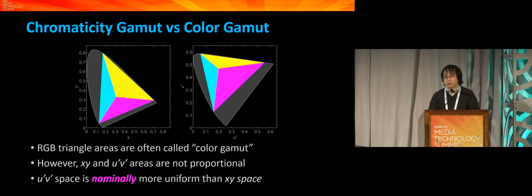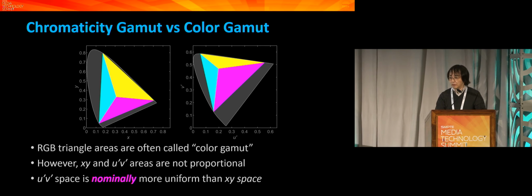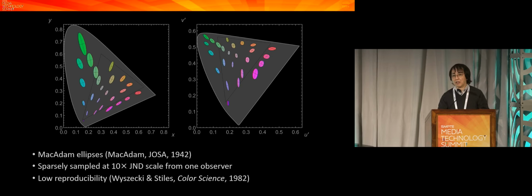This shows the RGB triangles in xy and u prime v prime chromaticity diagrams, and these areas are often called color gamut. However, the xy and u prime v prime areas are not proportional, and many people believe that the u prime v prime space is more uniform than the xy space, because of MacAdam ellipses. You can see that in the xy diagram, there is a very large ellipse, which indicates a low chromaticity density.